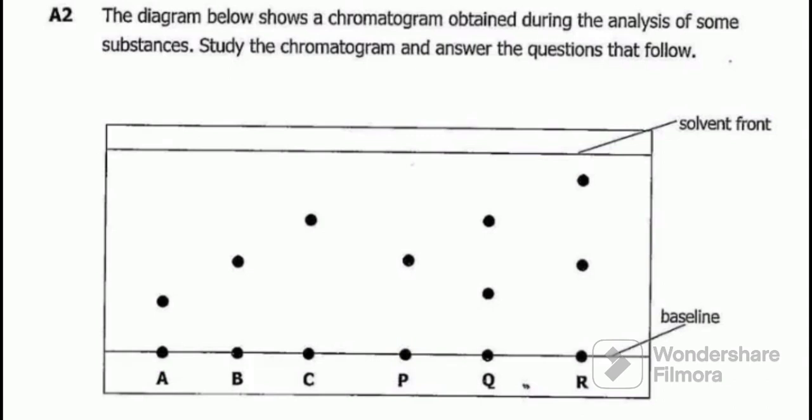This question is simply asking the most soluble unknown substance. R is the most soluble component, and it has the highest RF value. This is because it is the most soluble component. A soluble component travels a great distance.